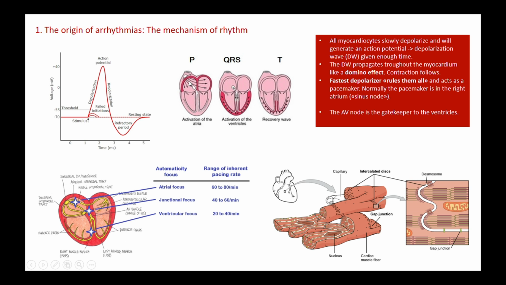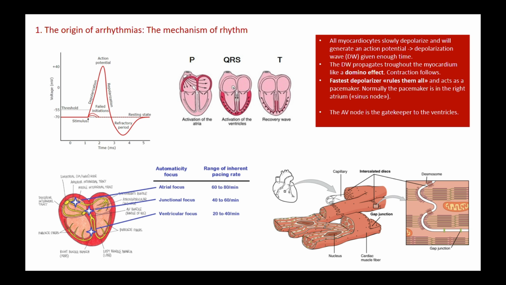And when this area up here depolarizes, the depolarization wave which is created spreads throughout the atria and brings with it all the other myocardiocytes. So we have a nice and smooth synchronized depolarization, which is then followed swiftly by contraction.